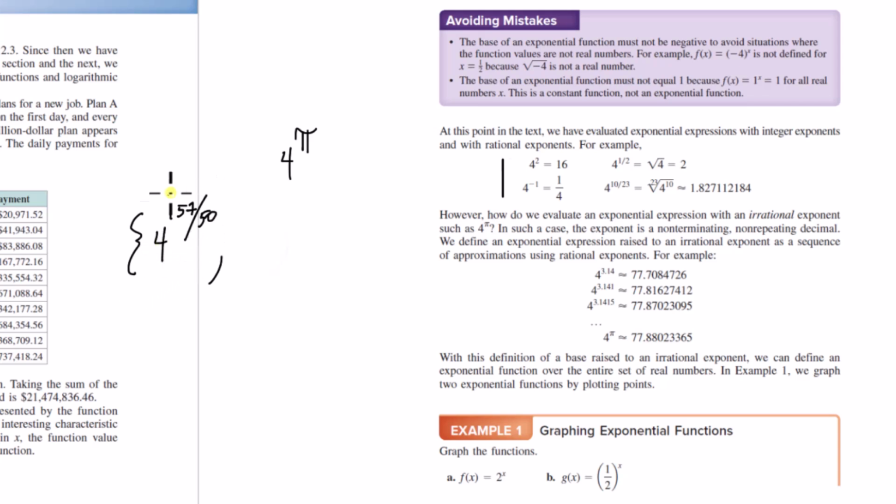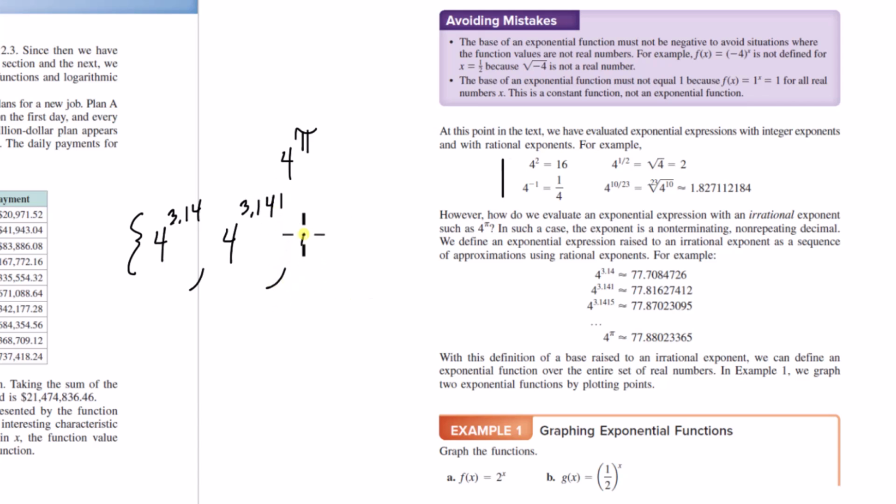So your calculator could give you an answer for this. We know what this means. Okay, so let's put this back. That's 4 to the 3.14. And the next term in the sequence would be 4 to the 3.141.